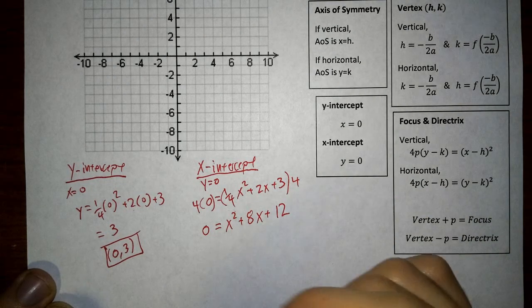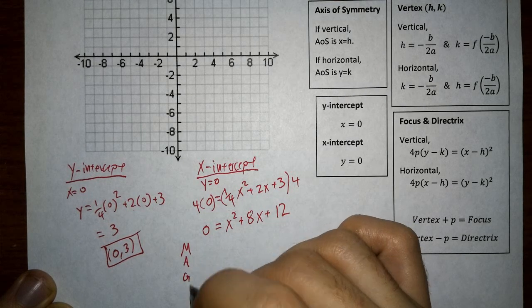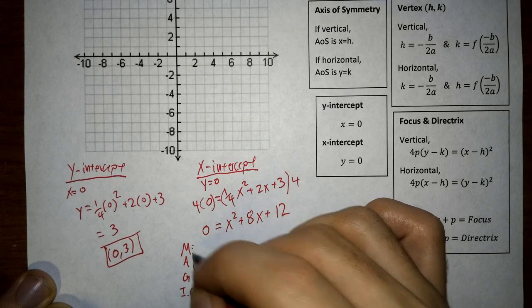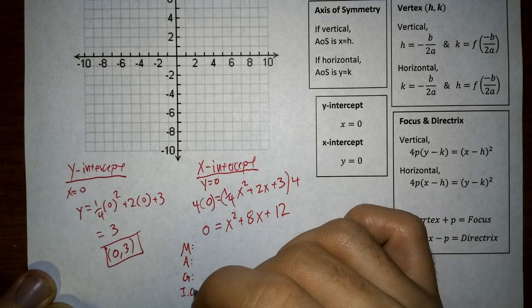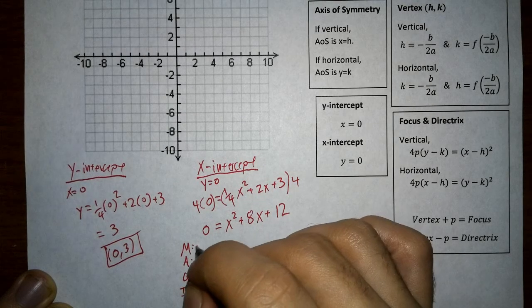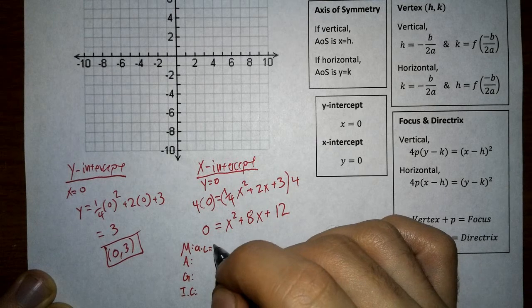Okay, we can now go ahead and do factor by grouping, and the little acronym that we have to remember is the MAGIC acronym, standing for the magic method. And we want to first multiply a times c. So a times c is going to equal 12.